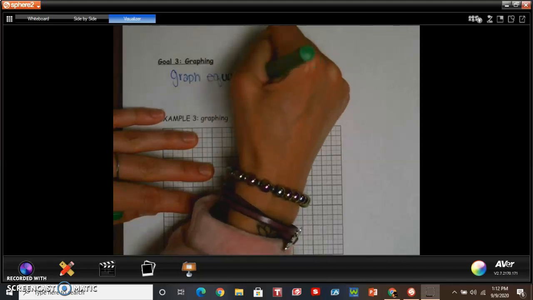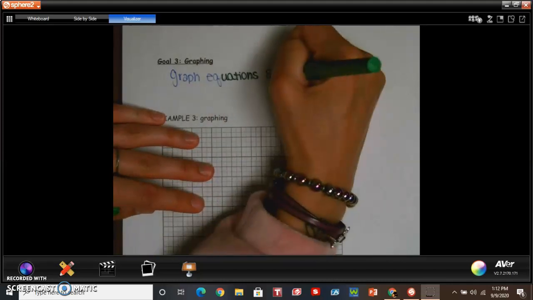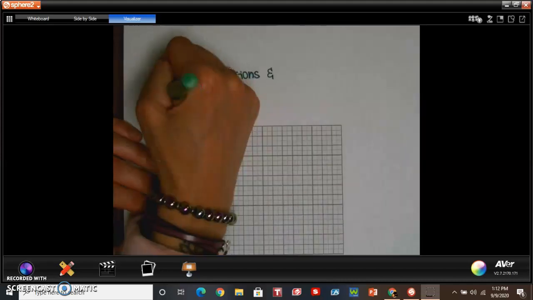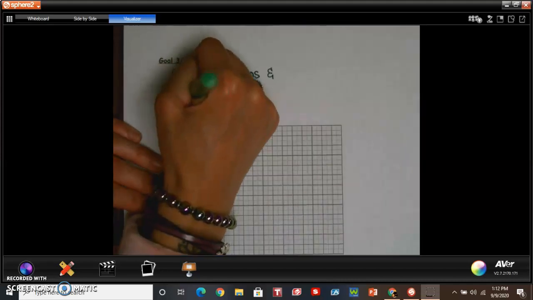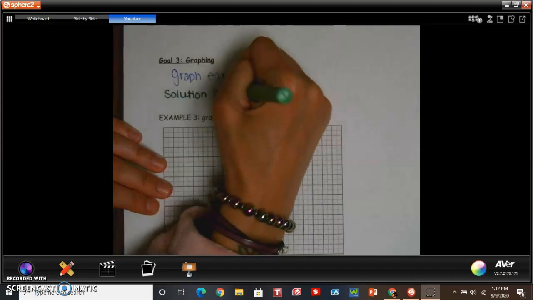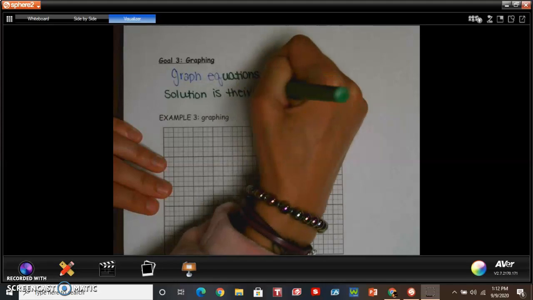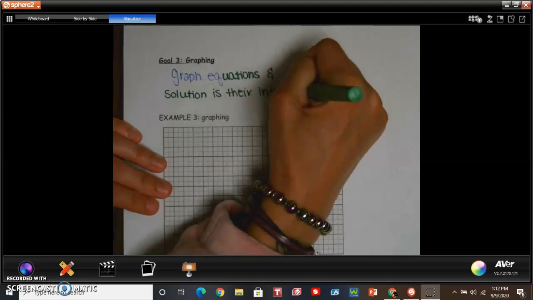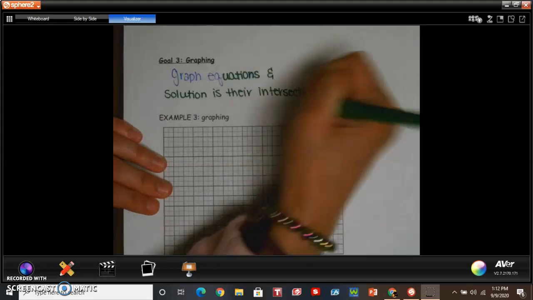All right, graph the equations, and your solution is where they intersect, AKA where they cross.